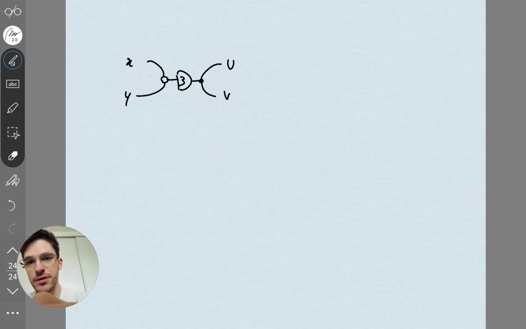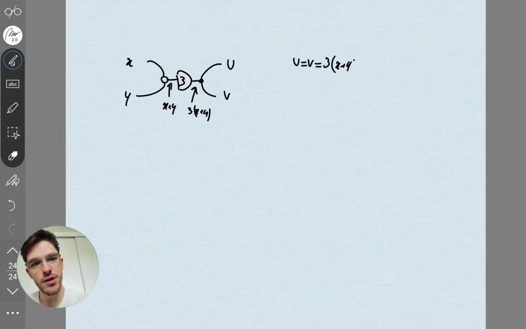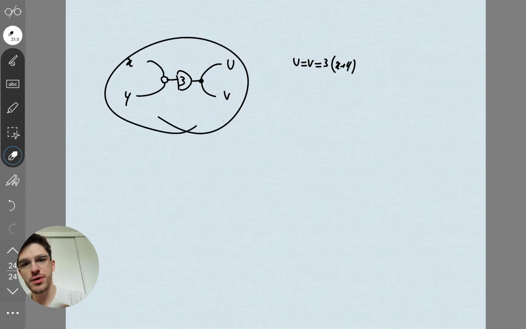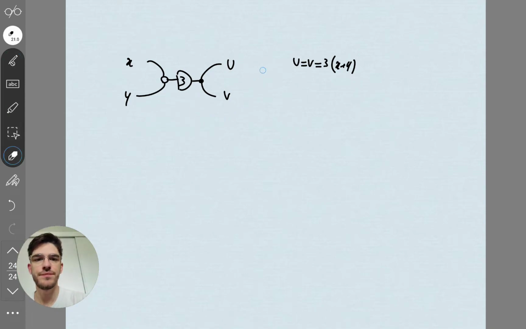This thing means plus, so here we have x plus y. This means multiply by 3, so here we have 3x plus y. And this thing means equals or copies, so those three numbers are equal. So we've got u equals v equals 3x plus y. This drawing means this equation.